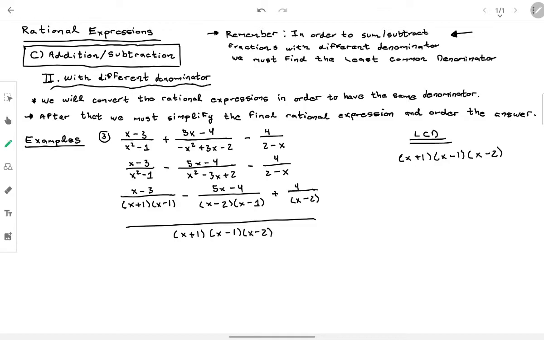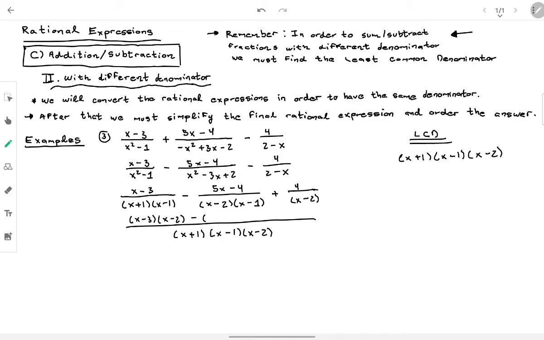Remember, we need to compare this denominator with this denominator and see what is missing. So it's going to be x minus 3 that multiplies the one that is missing, x minus 2.